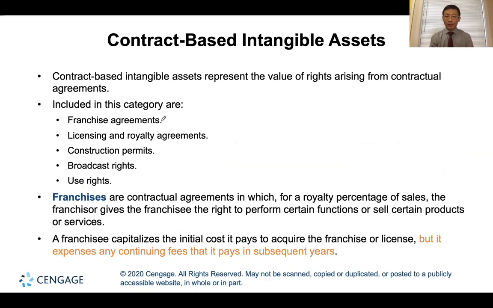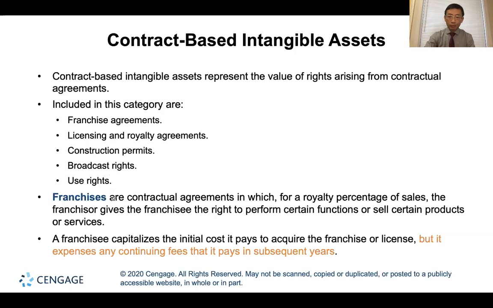It's externally acquired, and the cost can be capitalized. This also includes licensing and royalty agreements, construction permits, broadcast rights, use rights, and so on.